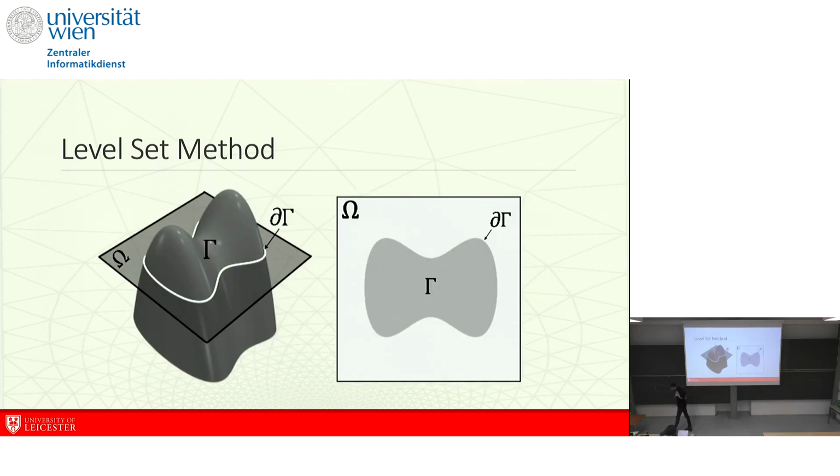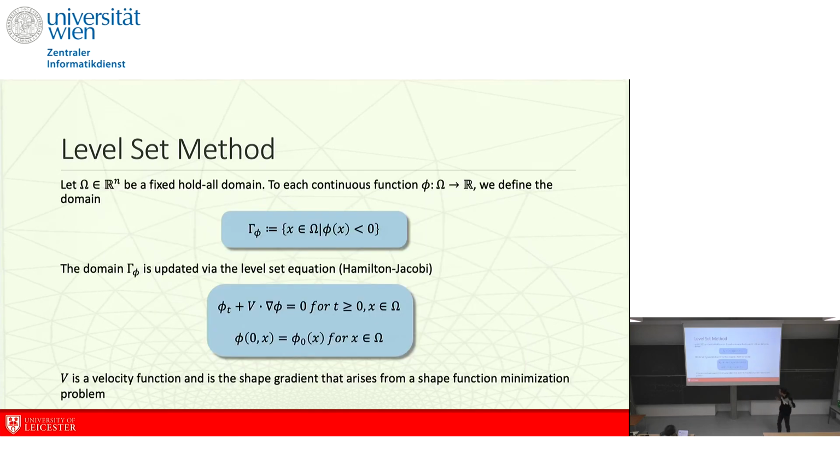So just some quick definitions here. The level set here is defined as this partial gamma. The sub-level set is given by this gamma, and omega here is our hold-all domain. So the region gamma, which is the sub-level set here, and we are solving the level set equation, which is given here.